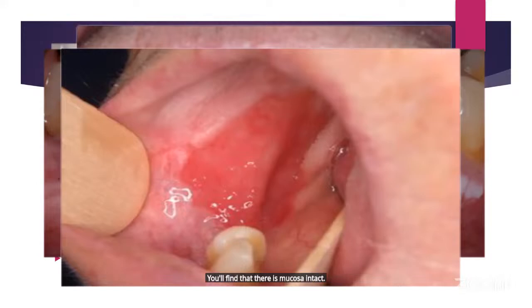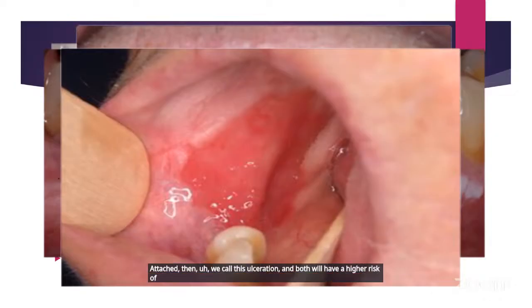If it's just a red lesion or an atrophic lesion, or if there isn't a mucosa attached, then we call this ulceration, and both will have a higher risk of becoming a malignancy or being a malignancy at this stage.